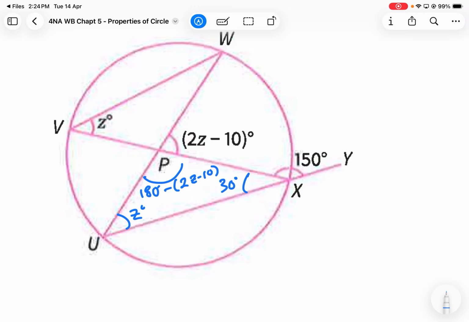Then again, triangle. These three angles add up to 180.